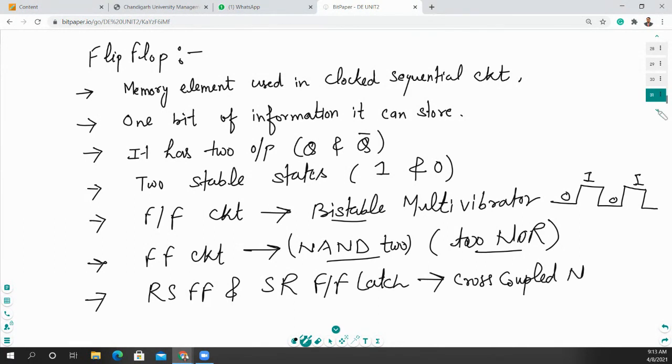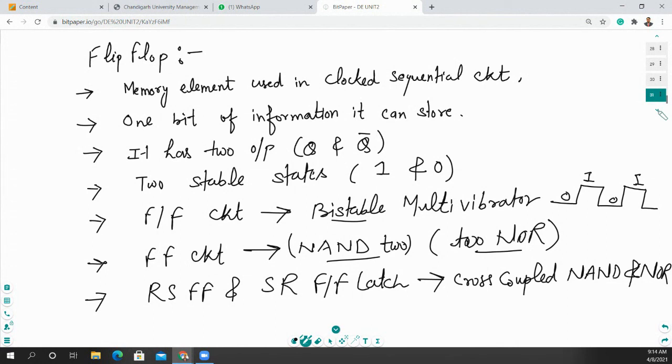R and S are the first letters of the two inputs. First input is R, second input is S. We use cross-coupled NAND gates to design this type of circuit.